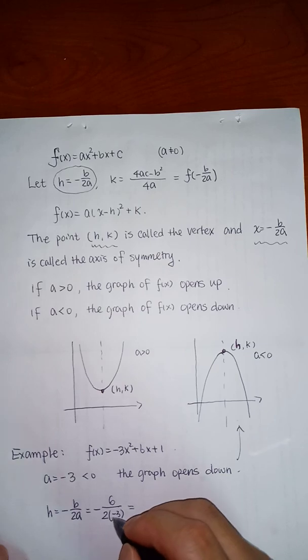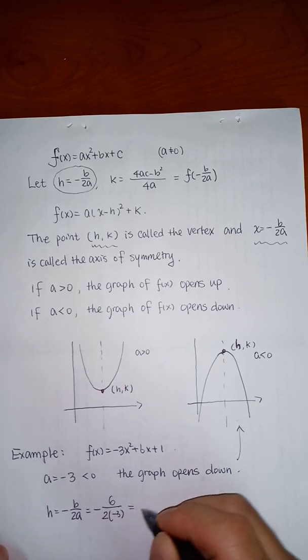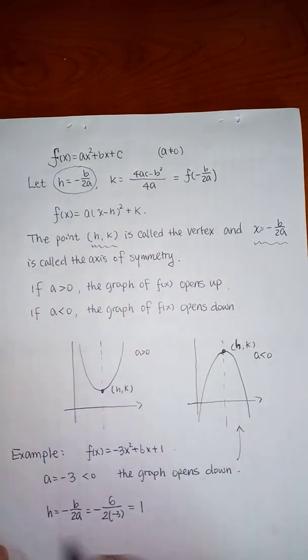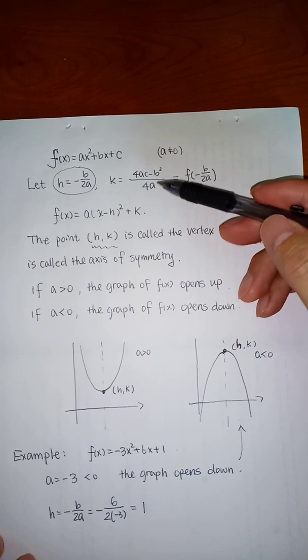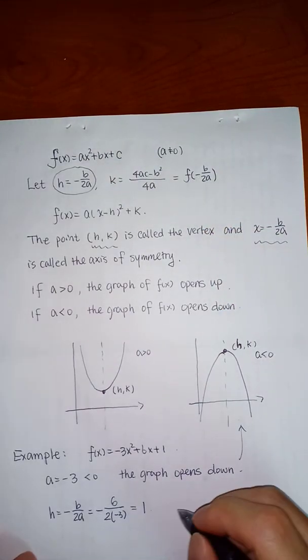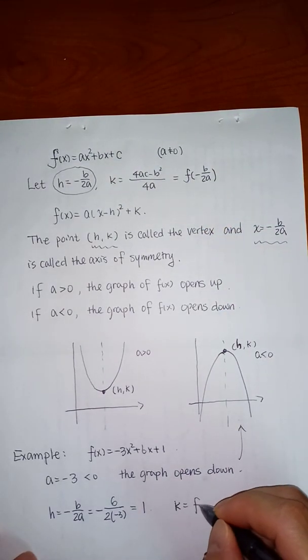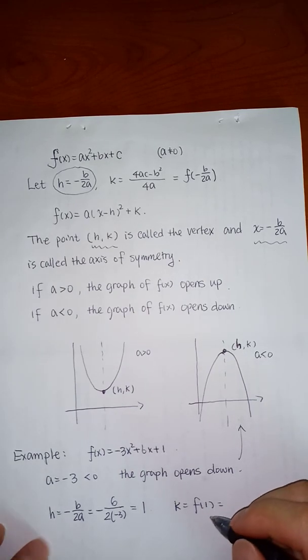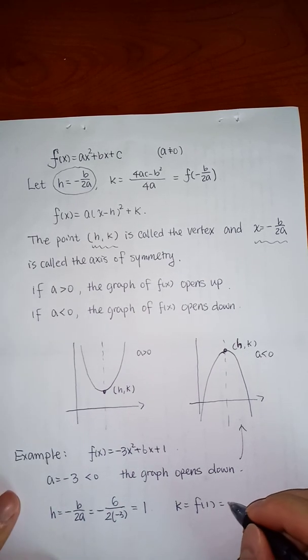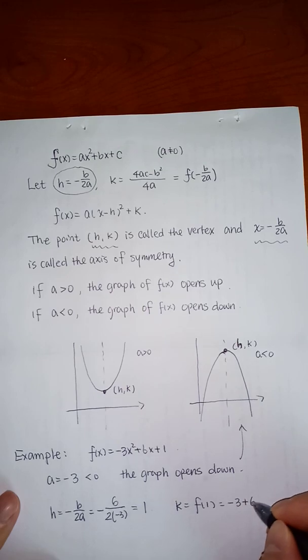So the negative signs cancel. 3 times 2 is 6. 6 over 6 is 1. So h is 1. What is k? Of course, you can recall this complex formula, or you just memorize it as f of h, f of 1. So you get negative 3 plus 6 plus 1, which is equal to 4.